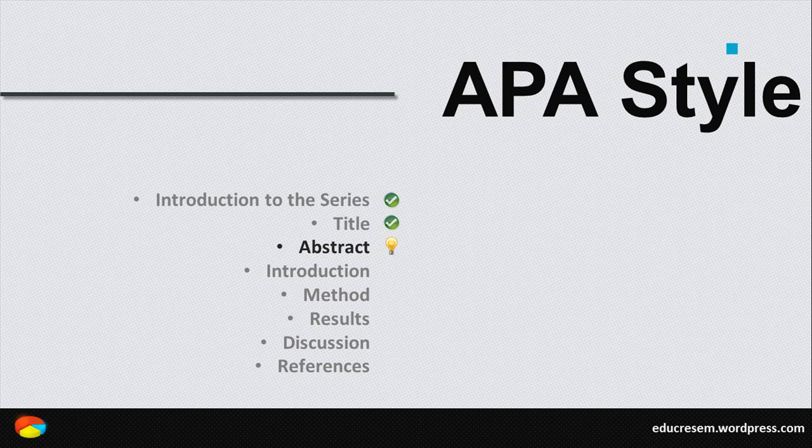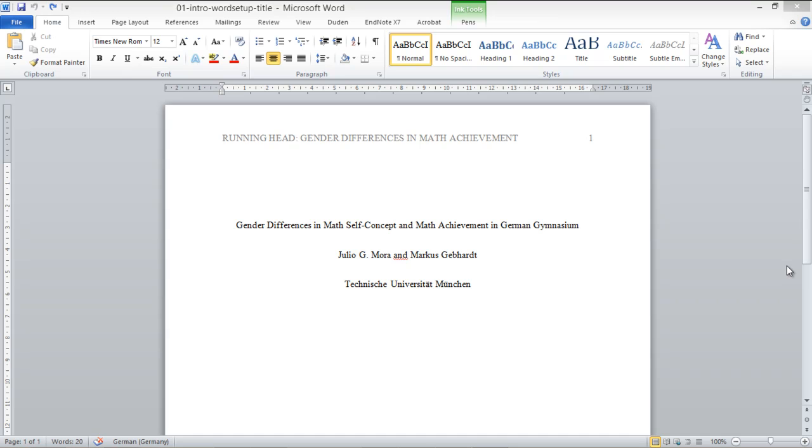So, for example, in this video about the abstract, I'm not going to actually write an abstract, but show you how it should be formatted. Nevertheless, I will try to give some advice so you know how to write a good abstract. So, we left our document here from the last video.